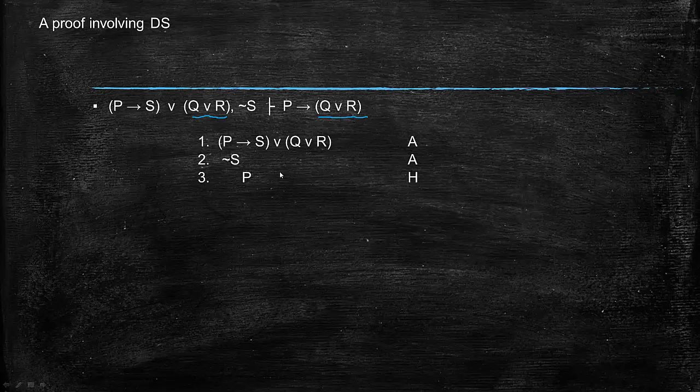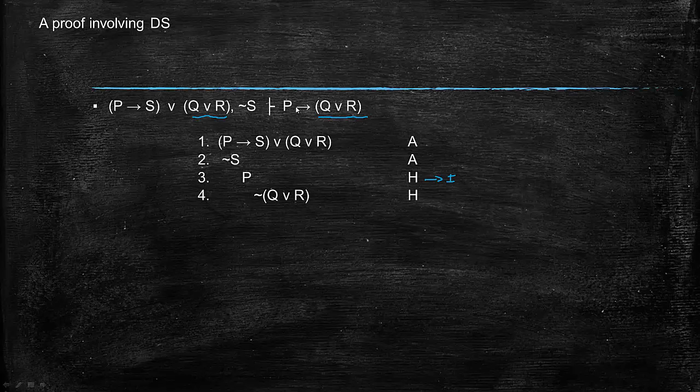Now, it's not clear how we would do that right now. It's not clear that our 3 assumptions would yield Q or R in any simple or straightforward way. We might be able to do it with some very creative negation introduction work. But notice how we could just hypothesize, and this one was, of course, for conditional introduction, the opposite of what we're trying to prove.